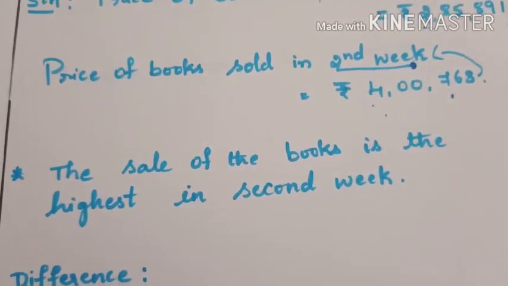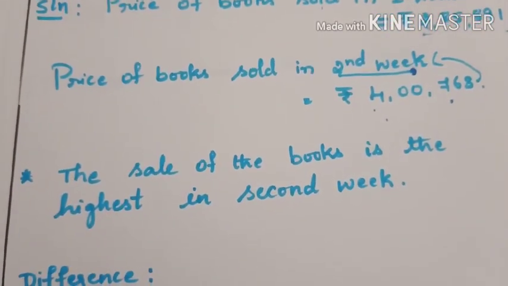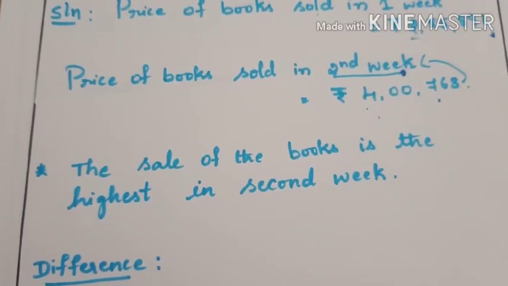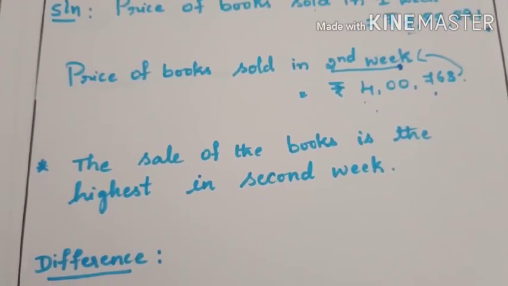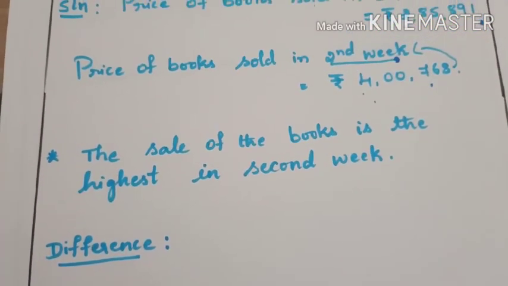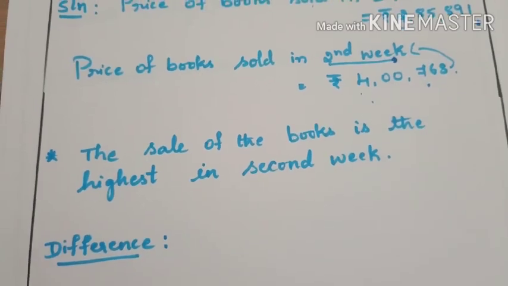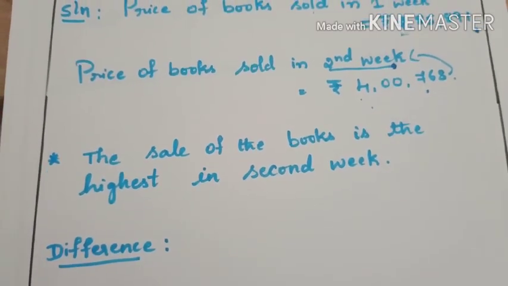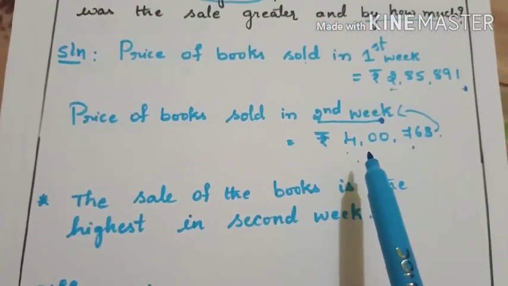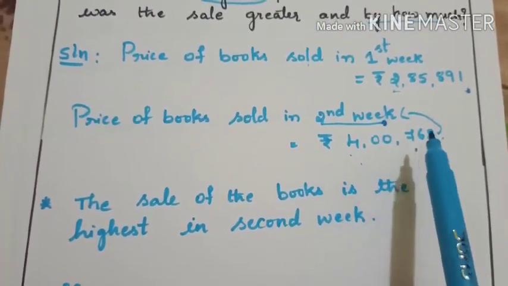To find out this, you have to subtract. Remember the first rule while subtracting, you should subtract a smaller number from the bigger number. Okay, so now you have got that 4 lakh is greater than 2 lakh.